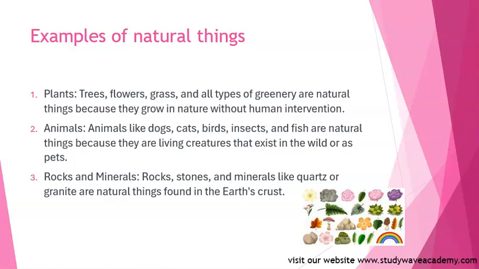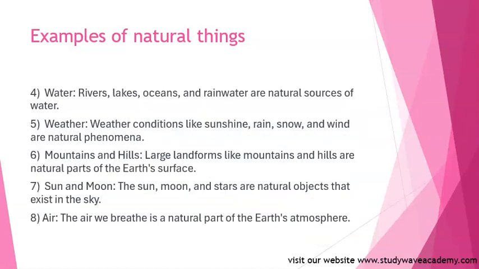Rocks and minerals. Rocks, stones, and minerals like quartz or granite are natural things found in the Earth's crust. We have water. Rivers, lakes, oceans, and rainwater are natural sources of water. Weather.